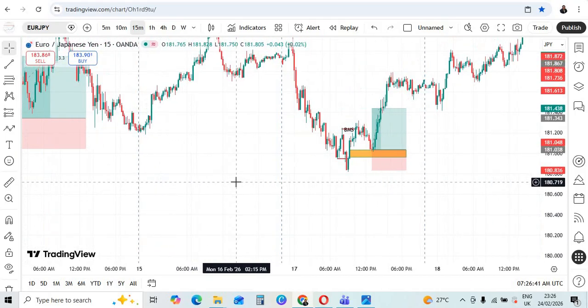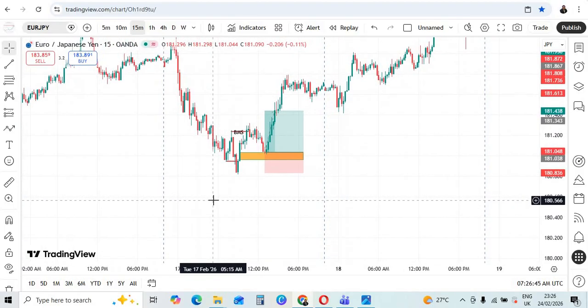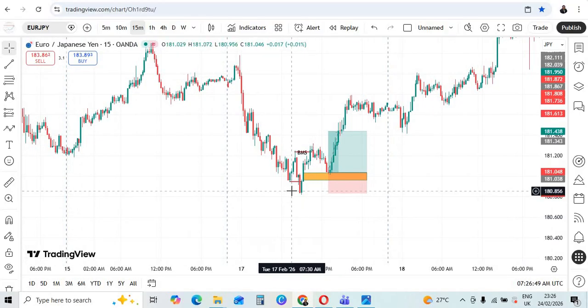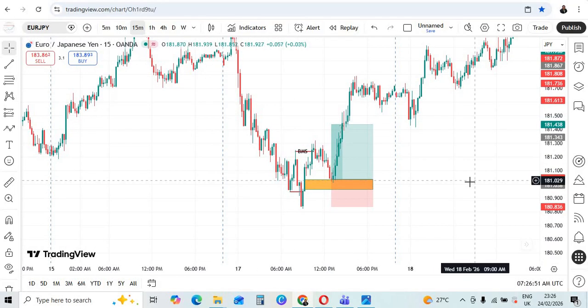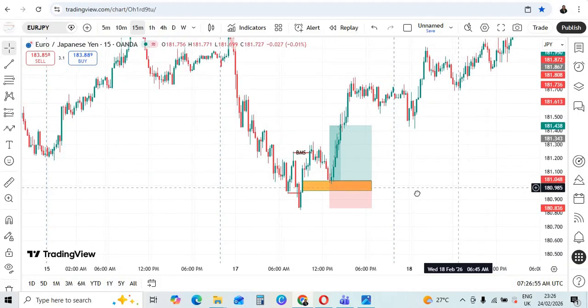Then this second one too, I also took this trade. It's similar to the previous one we just did.